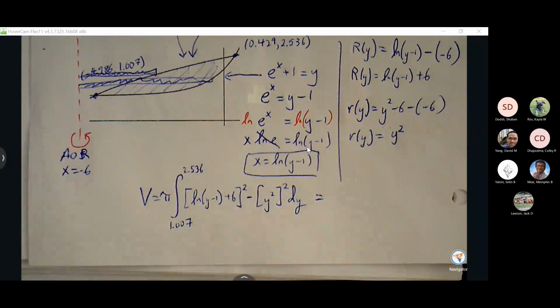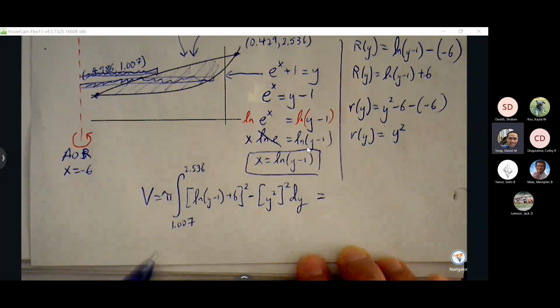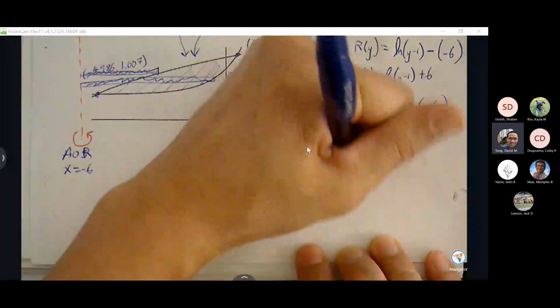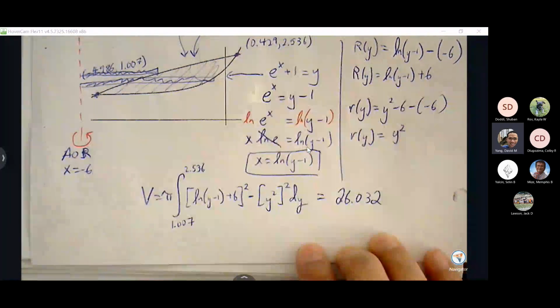Practice entering that in the calculator, you should end up with 26.032.